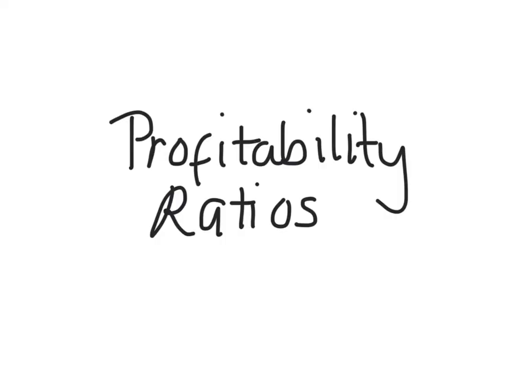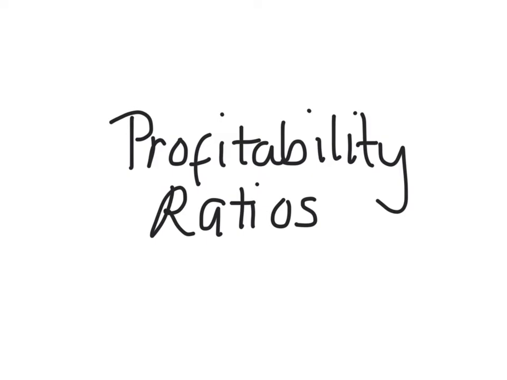Both operating margin and profit margin fall into the category of profitability ratios. A profitability ratio, or an efficiency ratio as it's also known, attempts to measure a business's ability to generate earnings when compared to its costs. In general, a company will want its profitability ratios to be higher than those of its competitors.